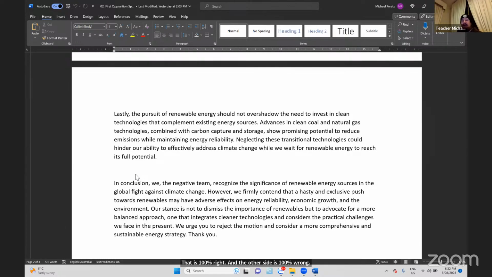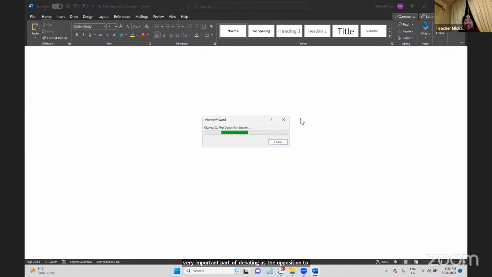There's always going to be parts of each side that are right and parts of each side that are wrong. So you need to make sure that you point out that, yeah, they have a good idea here, but here's a better idea that shows why that idea is not so good. So that's a very important part of debating as the opposition, to make sure you weaken your opponent's case.